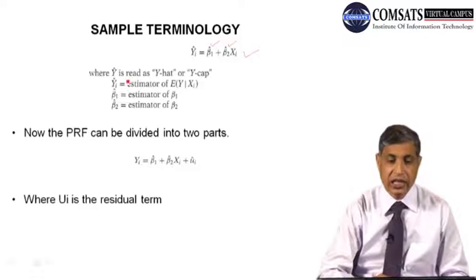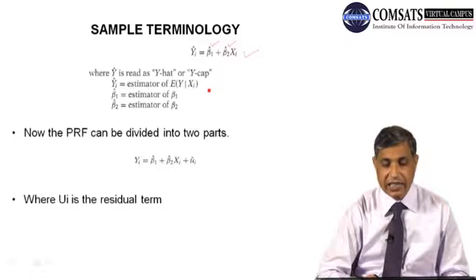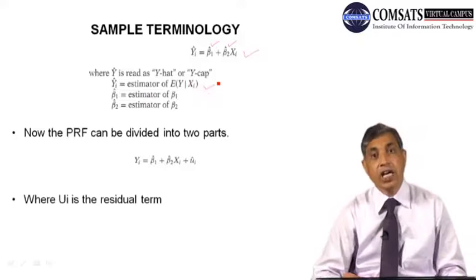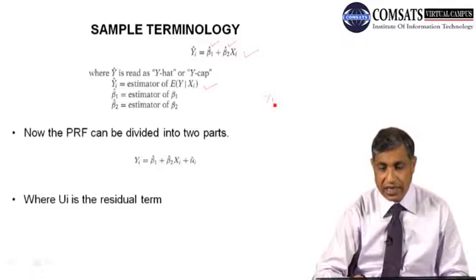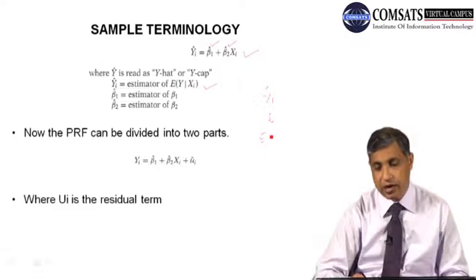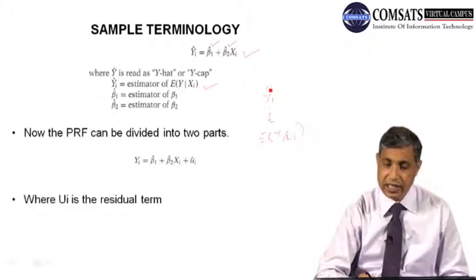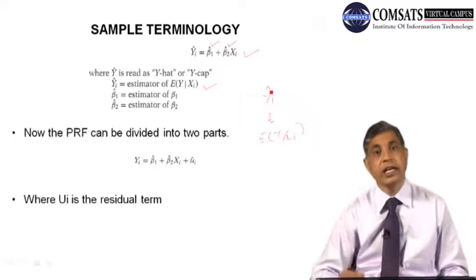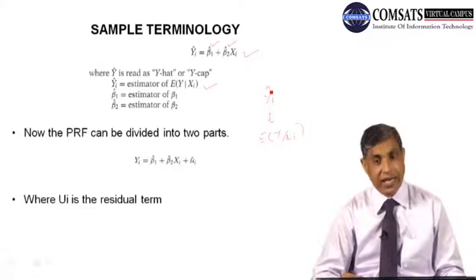Here you can see that yi hat is read as y hat or y cap, and yi hat is the estimator of the expected value of y given x. So if I take yi hat, it is a parallel of the expected value of y given xi. Now this yi hat is a value in comparison with the expected value of y given xi.